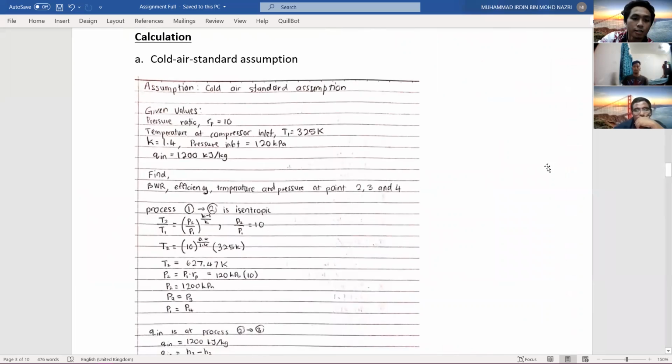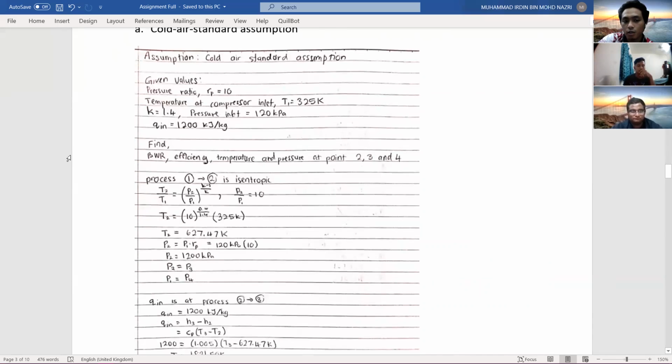All right, thank you, Irdin. So I'm going to explain the calculation of the temperature and also the pressure at each point for the cold air standard assumption. For the cold air standard assumption, we have the k value equal to 1.4. So these are the values that we decided, that we designed for the gas power cycle, in order for the cycle to produce net work between 500 to 600 kilojoule per kilogram.